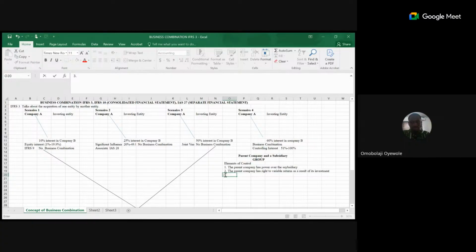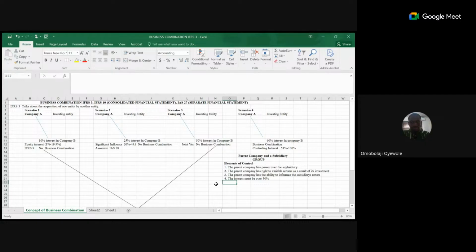Number three element of control is that the parent company has the ability to influence the subsidiary's return. So, these are the elements of control. When these three things, okay, let me add one more. One more element of control is that what? The interests must be over what? 50%. So these are elements of control.